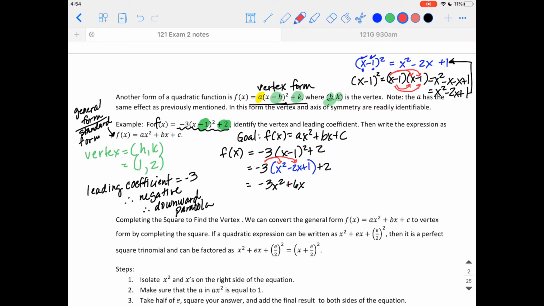And then we have a minus 3 times a plus 1, which gives us a minus 3, and then plus 2. So we're going to collect like terms now. Squareds only hang out with squareds, so I have -3x squared plus 6x, because x's only hang out with x's, and the minus 3 and the plus 2 combine to give us a minus 1.